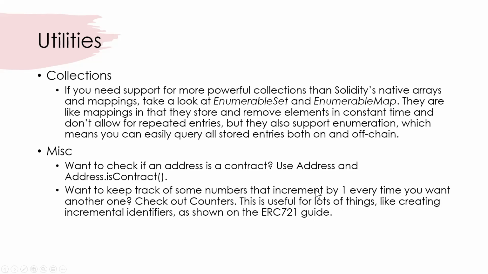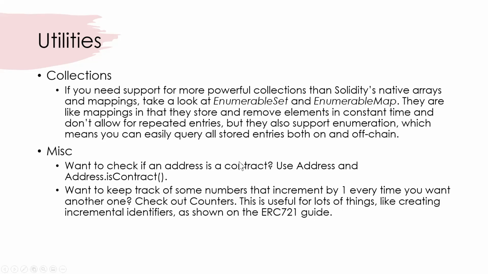So you have collections. We all know how powerful collections data structures are in computer science and programming. So this library provides you with that: a set, a map. And then you have Misc for different things.